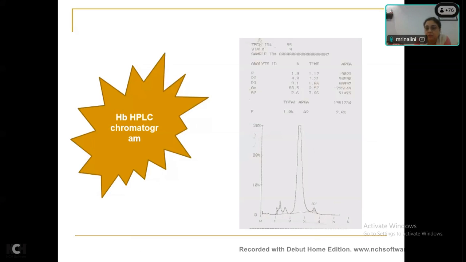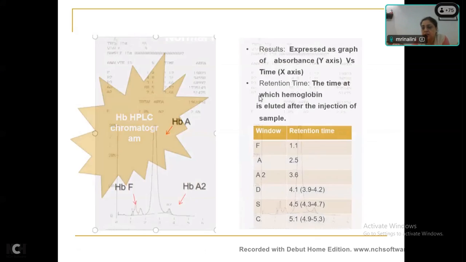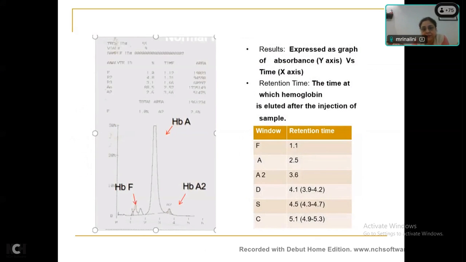Apart from HbA and HbA2, you have other Hbs which are eluted. Here is HbF, this is HbA, and this is HbA2. These are distinguished on the basis of the retention time. Retention time means at what time the Hb is eluted from the HPLC column.